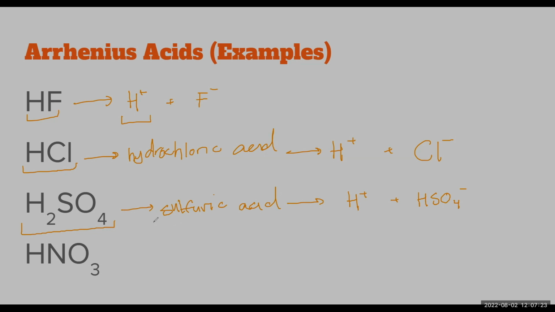So when H2SO4 is placed in a solution, it will dissociate into the H plus and the HSO4 minus. A common place you might find H2SO4 is that it does naturally exist and makes up the clouds on Venus.